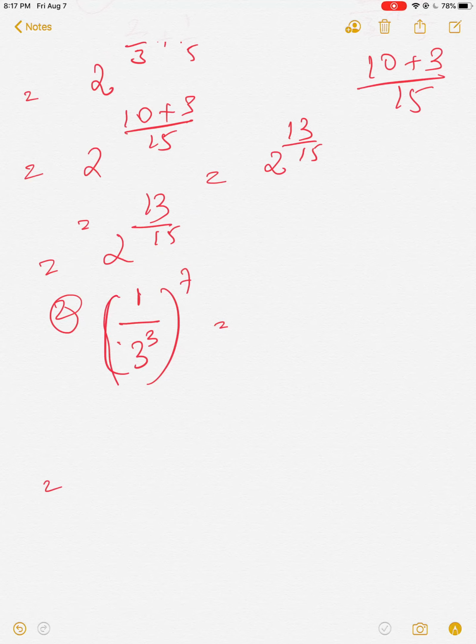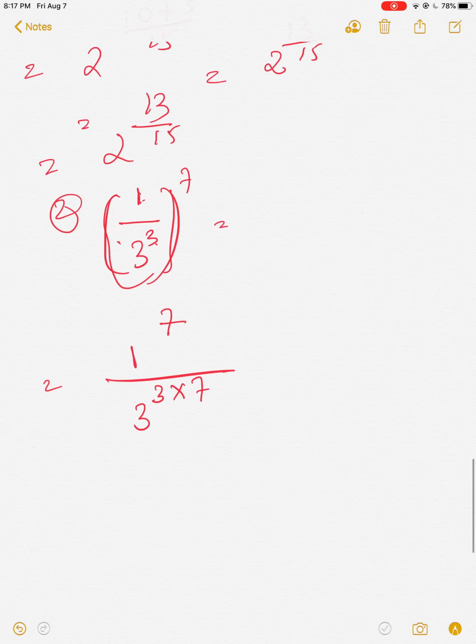Because the whole bracket is there, 7 belongs to 1 as well as 3. So it can be written as 1 raised to power 7 upon 3 cube raised to 7, because we have distributed the power to both numerator and denominator. Any number 1 raised to power any number is 1 only.